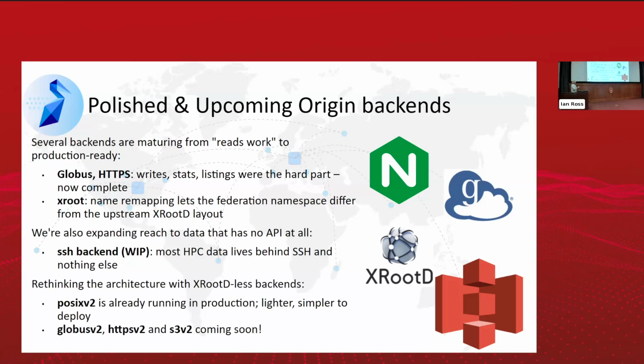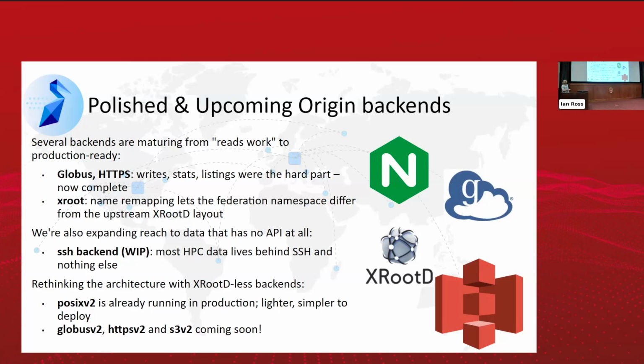And then finally, these aren't really supporting new technologies, but they're a fundamental shift in the way we support existing object repositories. And that is rethinking the overall architecture of how we use xrootd. So we've started to tinker with, especially in the last 6 months, what would it take for the Pelican project to own that data movement by working on a POSIX v2 origin that is pure Go.